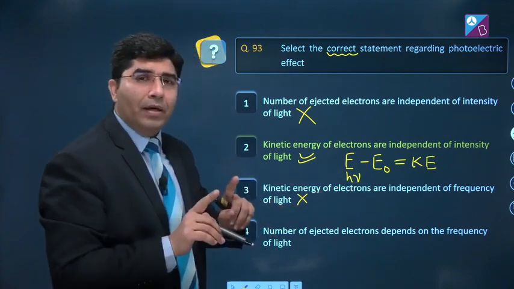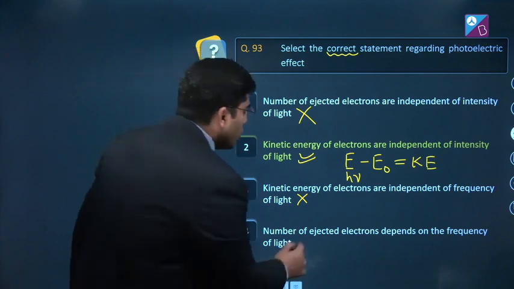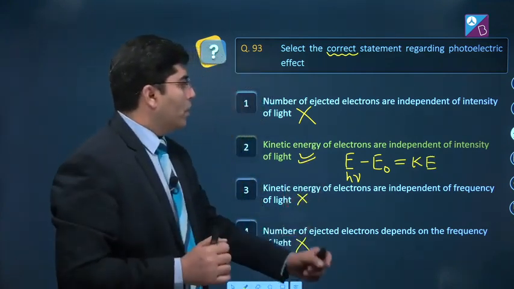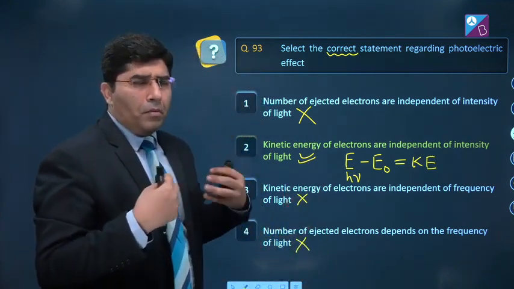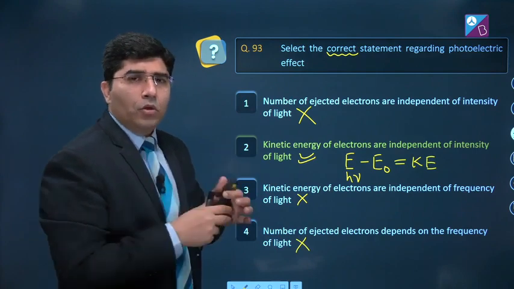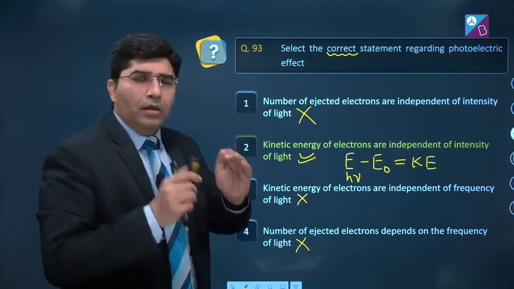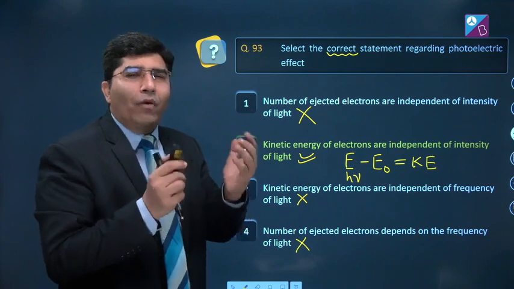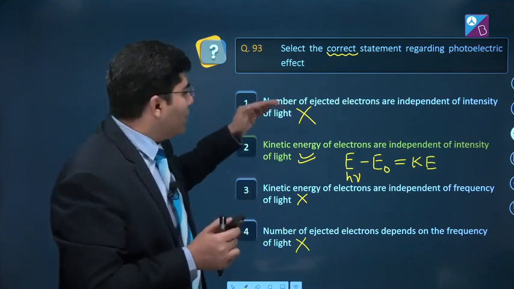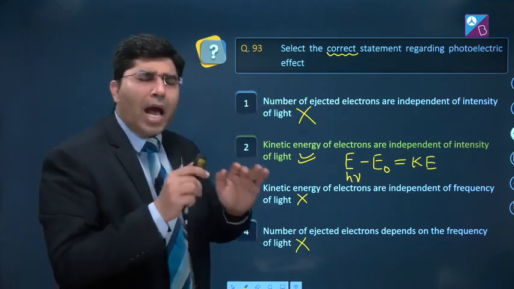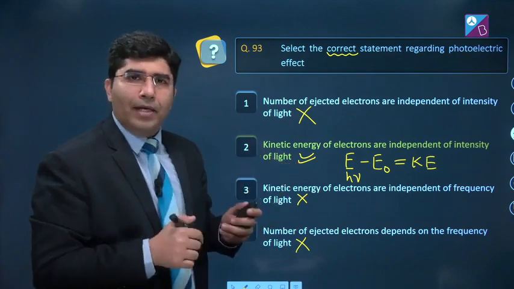Kinetic energy will depend, number of electrons will not depend, so this is also wrong. So my job is to tell you the exact reason why I am saying that the first one, third one and fourth one are absolutely wrong, right?